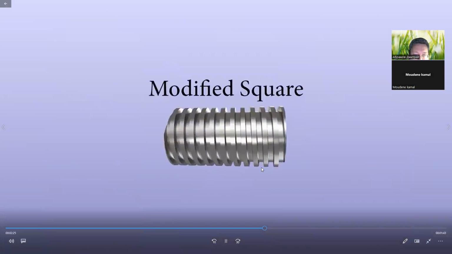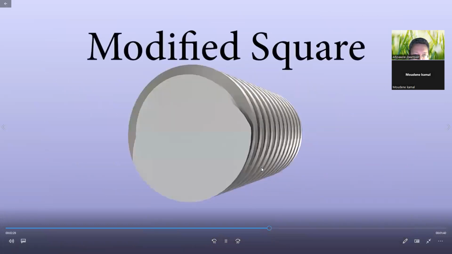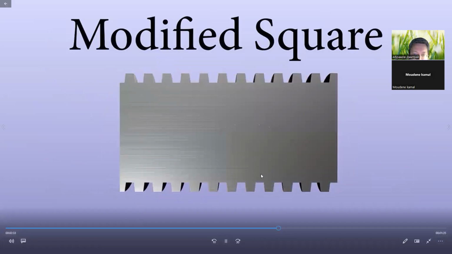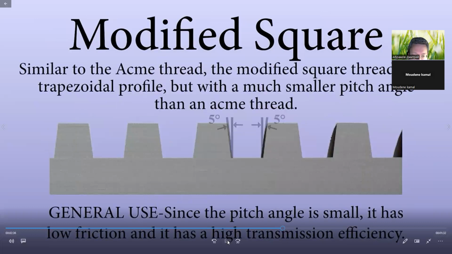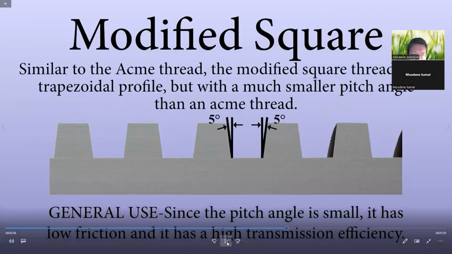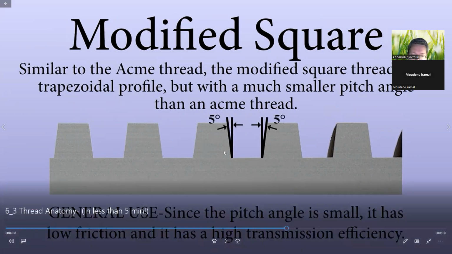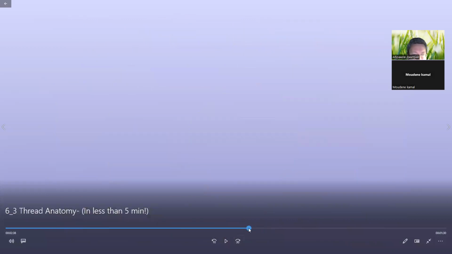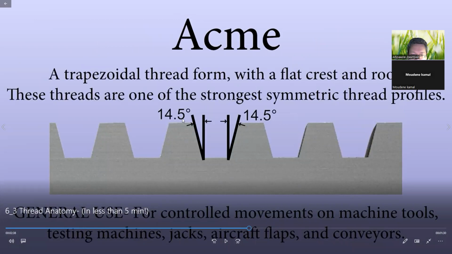Modified square. Similar to the Acme thread, the modified square thread has a trapezoidal profile, but with a much smaller pitch angle than an Acme thread. It's 5 degrees. In Acme thread, it's 14.5 degrees.